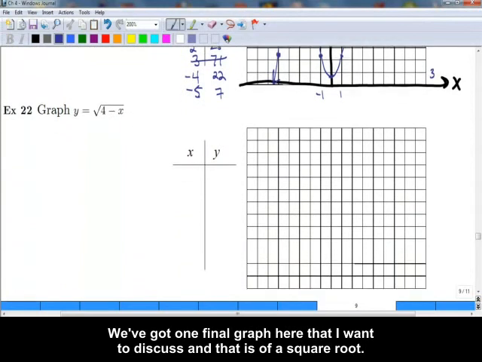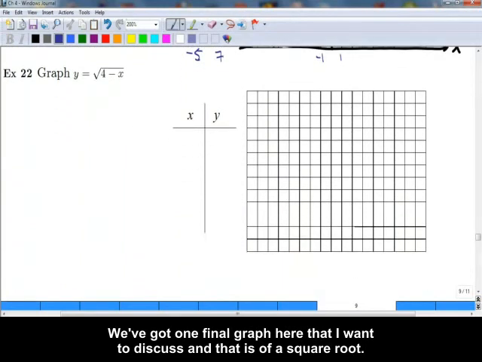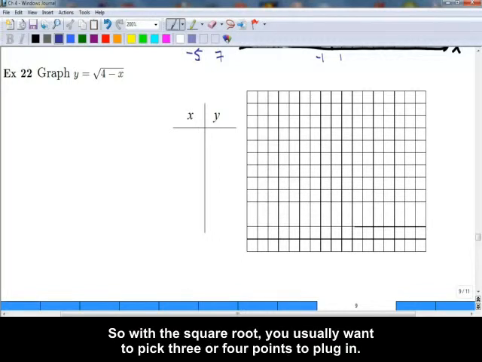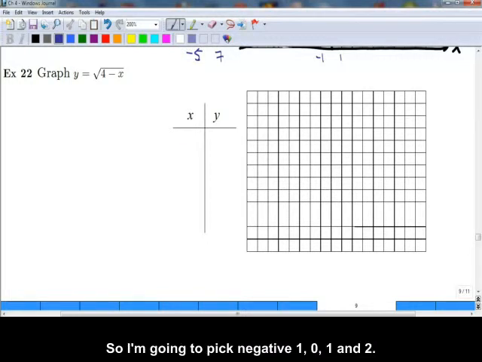We've got one final graph here that I want to discuss, and that is of a square root. So with the square root, you usually want to pick 3 or 4 points to plug in. So I'm going to pick -1, 0, 1, and 2.